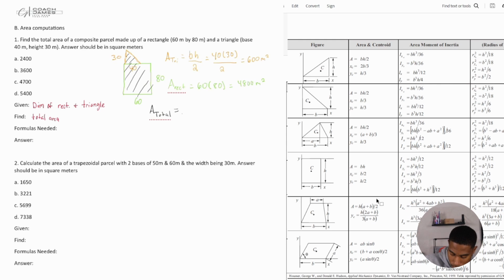It's going to equal the area of the triangle plus the area of the rectangle, right? Which is equal to 600 plus 4,800. This is all meters squared, of course. And so for my answer, I get 5,400 meters squared, or D.